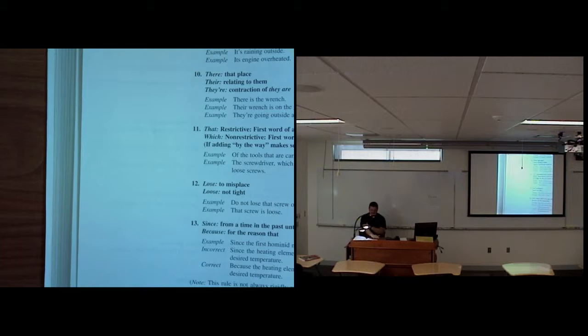Two words that are often substituted for each other that should not be substituted for each other: since and because, right? Because is something that is the cause of something else. Since is a time word. It's a word that's used from a time in the past until now. That's what they say in the definition, right? So we often misuse the word since.